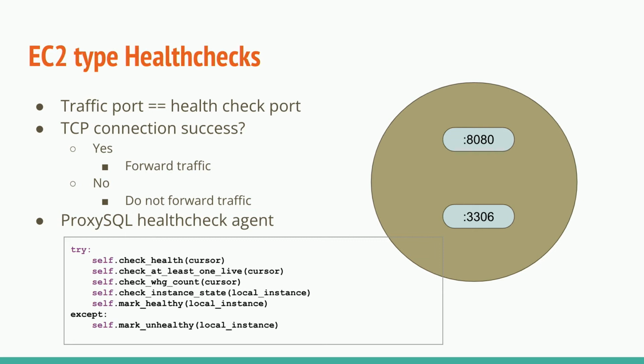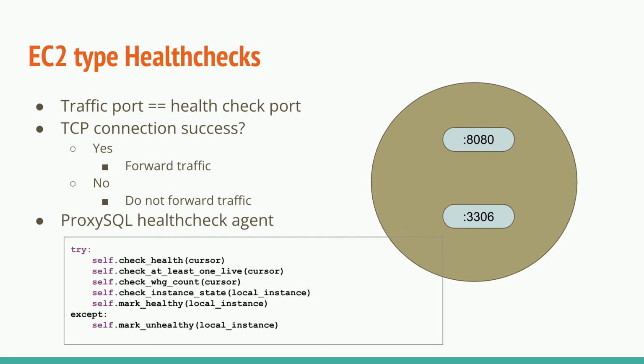So instead, I changed to EC2 type health checks. They're less aggressive. The target group still wants a TCP port to make a decision whether it should forward traffic or not. So I ditched this idea of a dedicated health check TCP server, and instead I specified 3306 as a health check port.